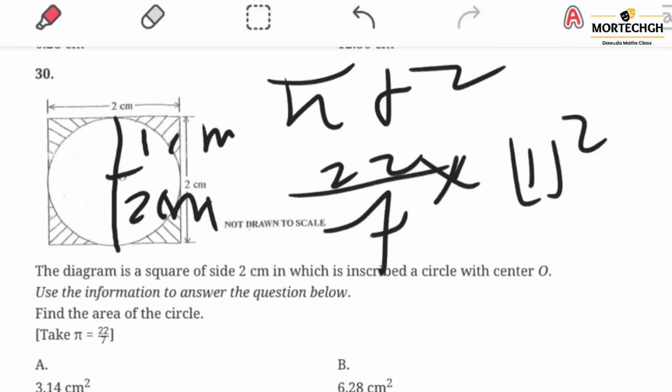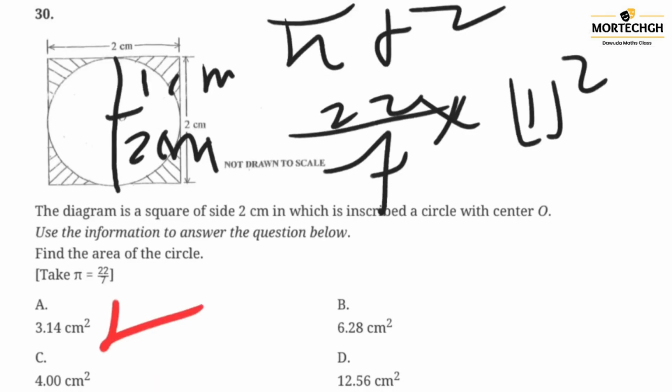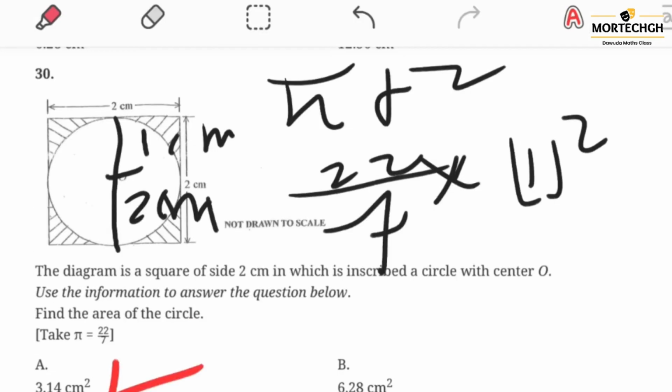So the answer will be equal to 22/7, and 22/7 in decimal will give you 3.14 in 2 decimal places. The answer is A. The unit is centimeter square, because you are finding area, so it will be centimeter square.